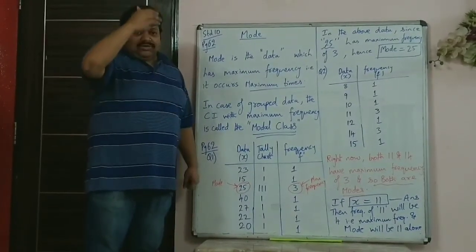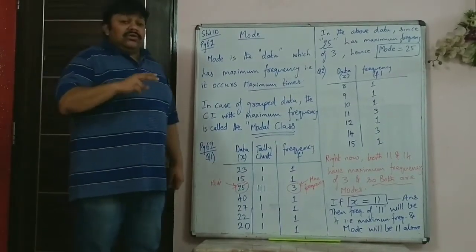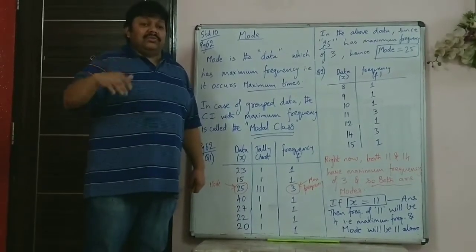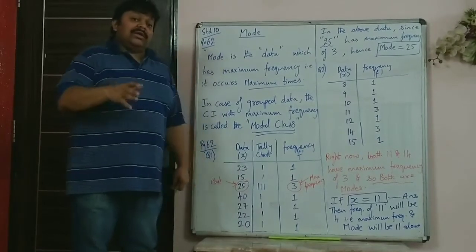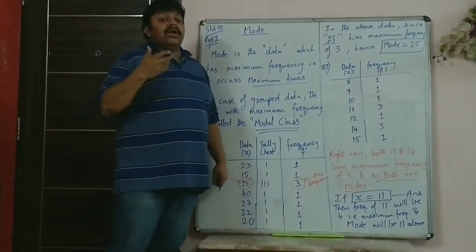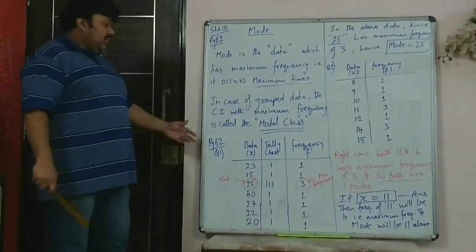But if it is observed that 2 children per family has the maximum frequency out of the 100 families that you surveyed, then 2 will be the mode because it happened maximum number of times. So now we will go on to the sums.